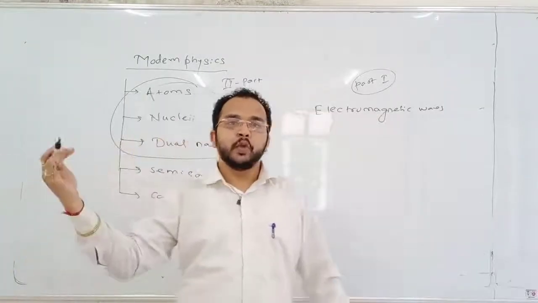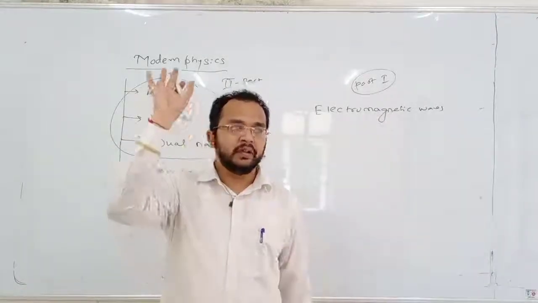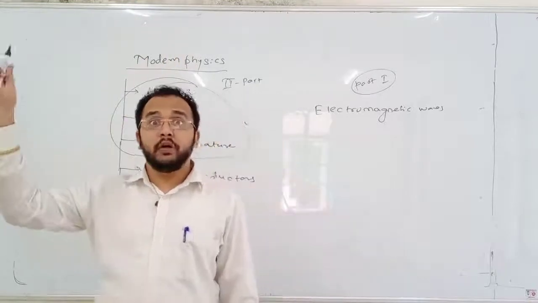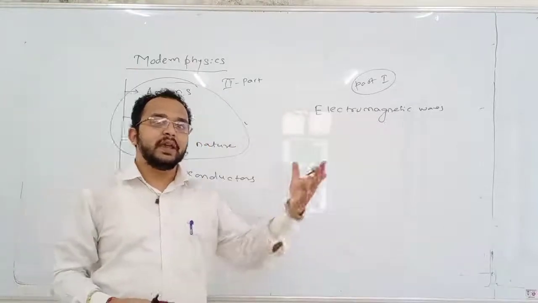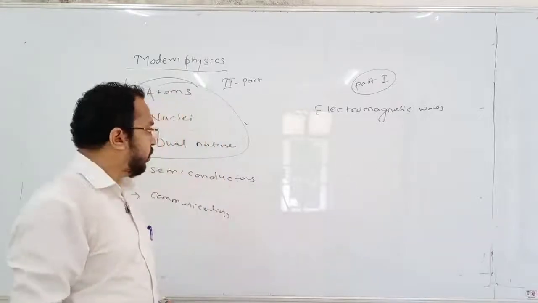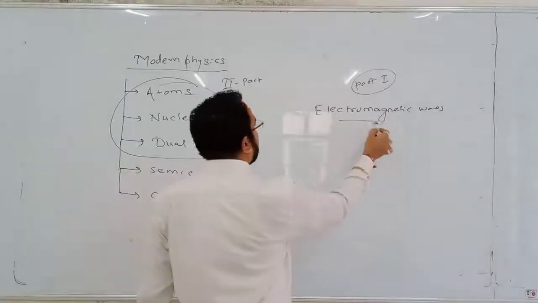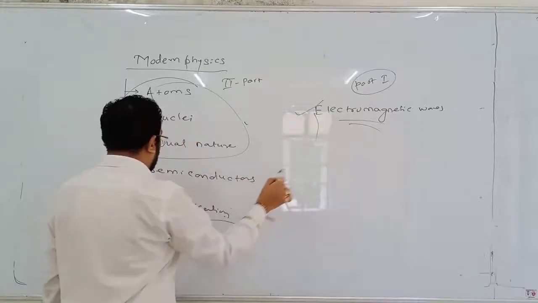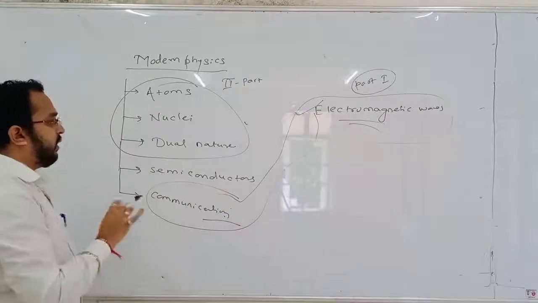What is a transmitter? It transmits the signal, and the receiver is your dish antenna on your roof, on the terrace. The transmitter is a tower. From the tower signals are transmitted and received by dish TV or any antenna, or radio. So these waves are very important in communication. So we can take electromagnetic waves and communication simultaneously. These chapters we will take together.